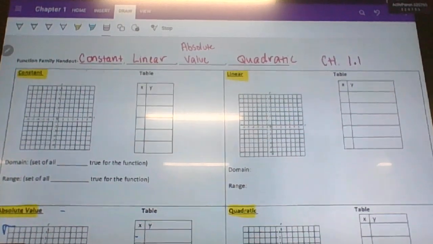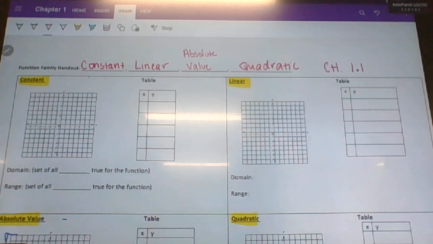All right, so our very first one called the constant family is a flat line, undefined slope, no slope. So the parent function is y equals 1, but it could be any number.